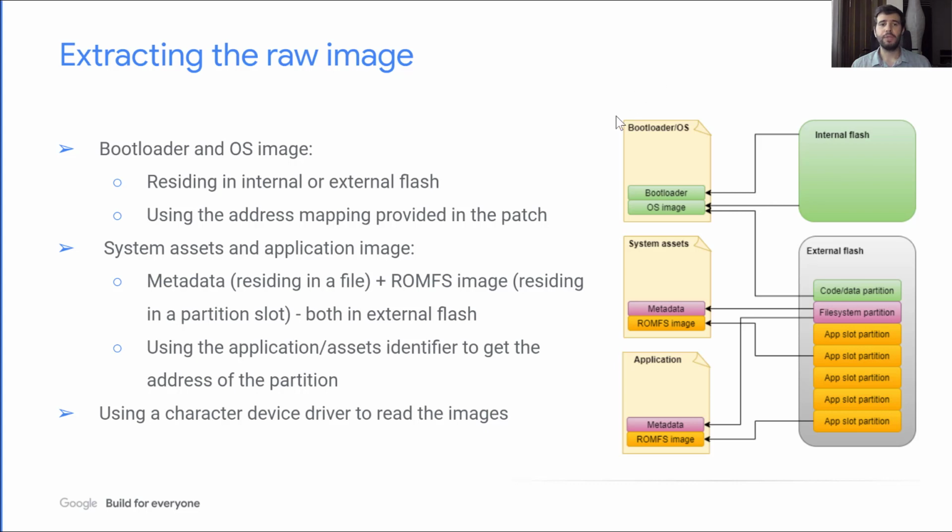The application and the system asset images are retrieved from the external flash file system and partition slots using the identifier included in the patch. The identifier is used to determine the slot number, and then based on this slot number, the address of the slot is retrieved from the partition table.